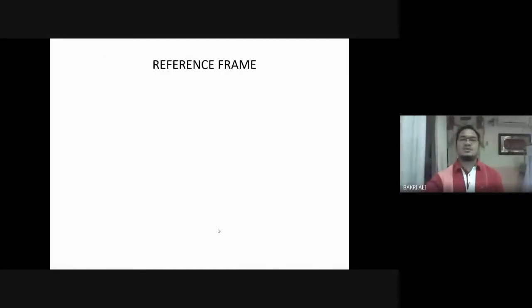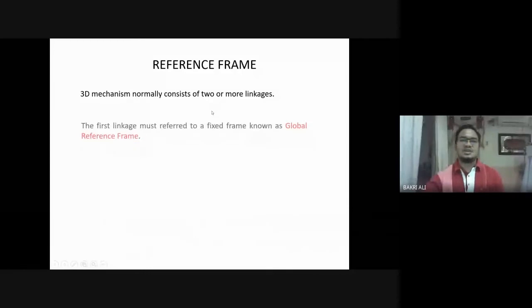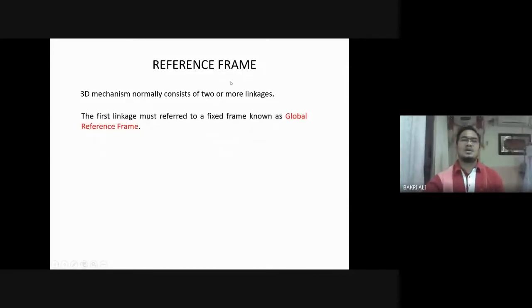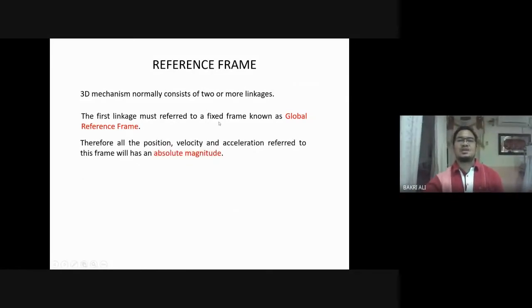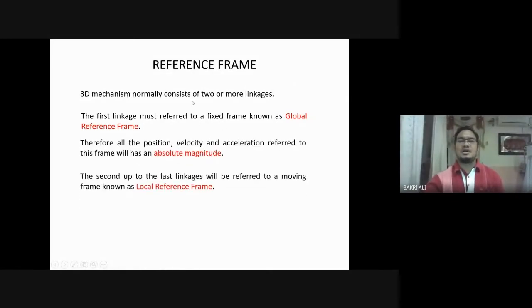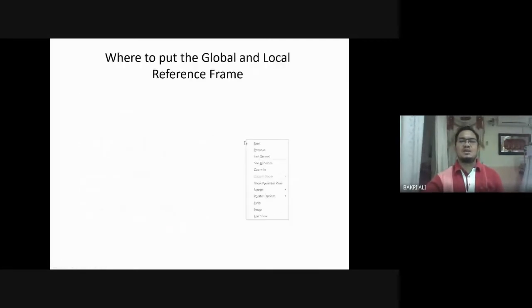Before we go further, we need to know the reference frame used in spatial motion. Just like in 2D, we will have the absolute frame, or fixed frame, and also the moving frame. In this 3D system, we call the fixed frame the global frame.